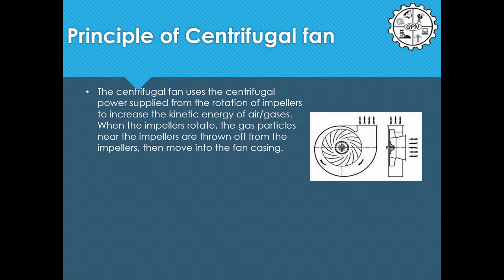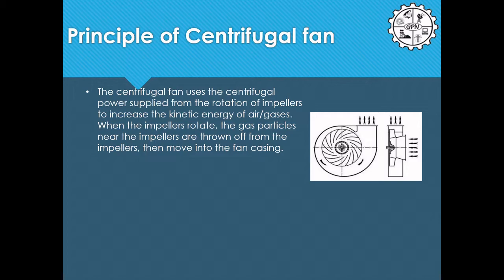When the impeller rotates, the air particles near the impeller are thrown off from the impeller, then move into the fan casing. As a result of this, the kinetic energy of air is measured as a pressure because of the system resistance offered by the casing and duct.